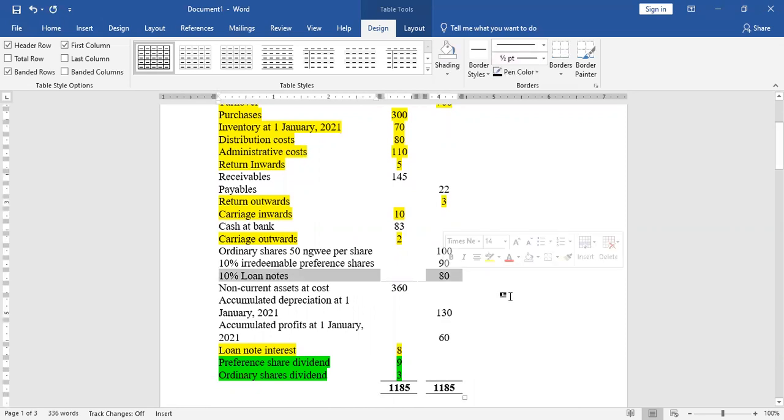The outstanding balance for the loan is 80. So what is 10% of 80? It's 8. So my interest expense for the year is 8,000, which actually agrees with the loan note interest which you are seeing here.